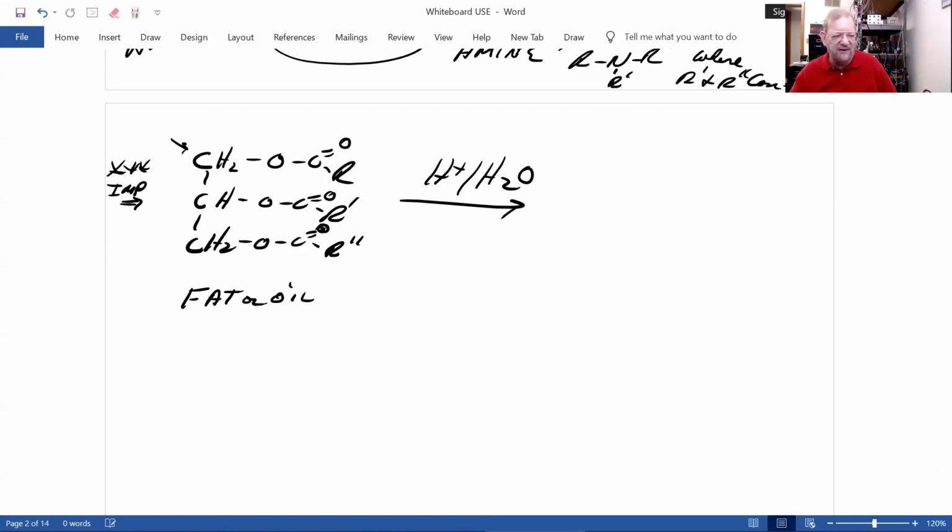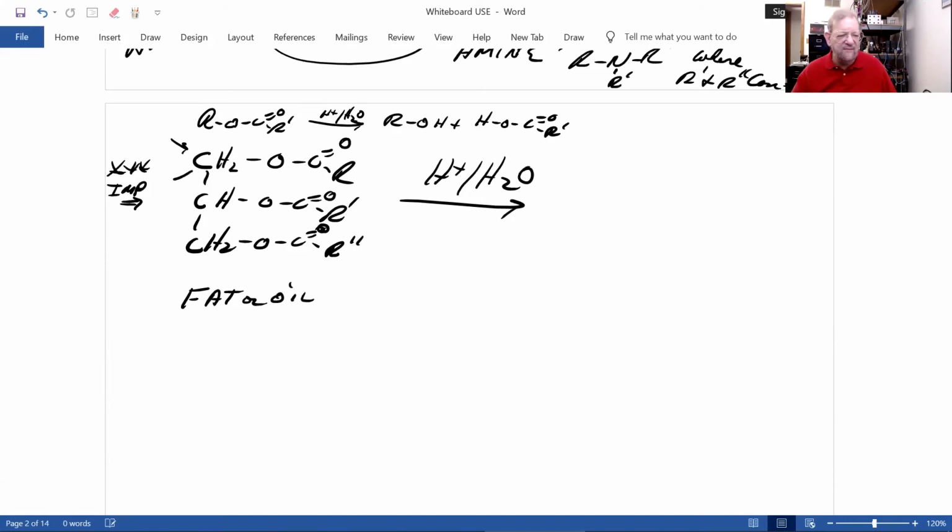Now, Dr. White said no new reactions. Well, this isn't. And for test number 3, you should learn this, but I'll write it a little differently. If you take an ester, acid and water, what happens? You get back the alcohol plus the carboxylic acid, and I'm writing it now as a fats and oil chemist would do, plus the carboxylic acid you would use to get that.